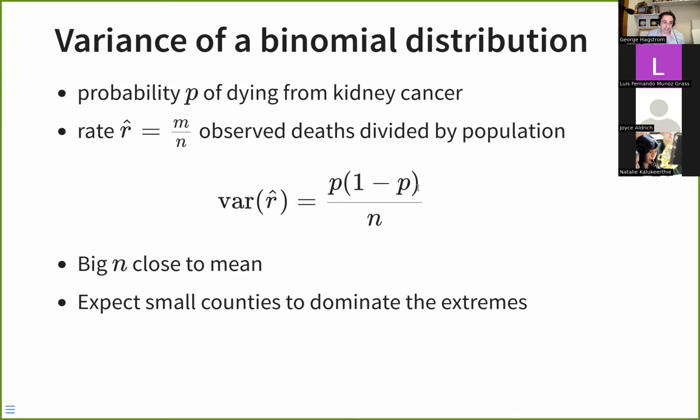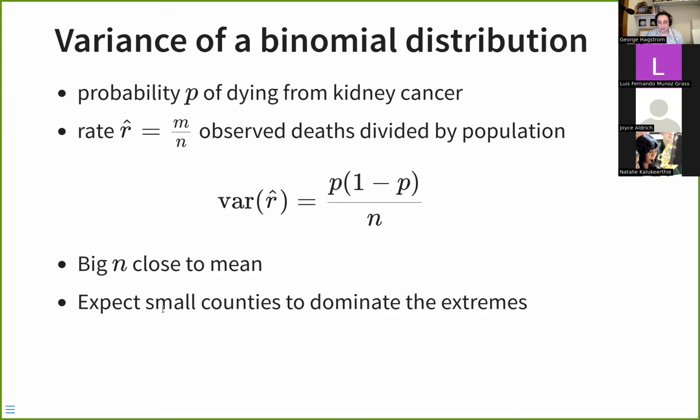When n is really big, like for New York County and Kings County, this variance is going to be near 0, and what we observe, the kidney cancer death rate, is probably going to be pretty close to the expected mean value. On the other hand, when n is really small, this variance is going to be very high.